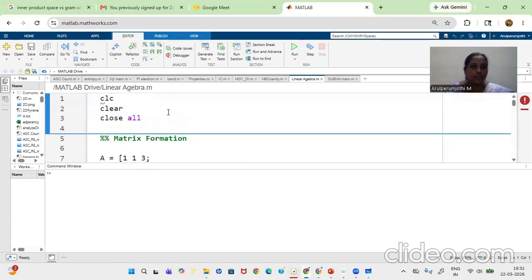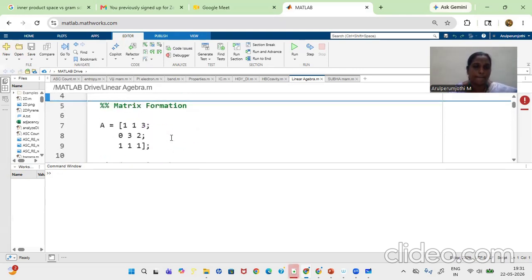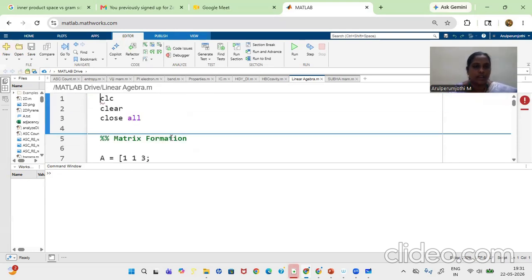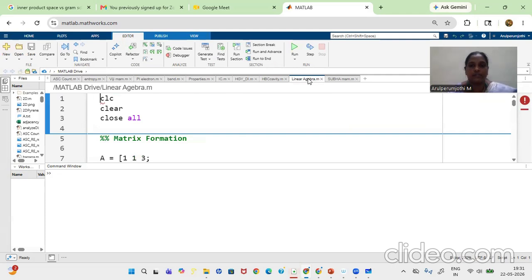The first one is the editor window. So in this editor window, you can save all your contents. See, I have so many folders. So here I have already saved one folder, that is linear algebra.